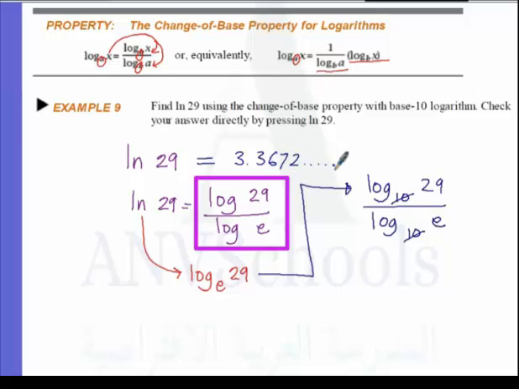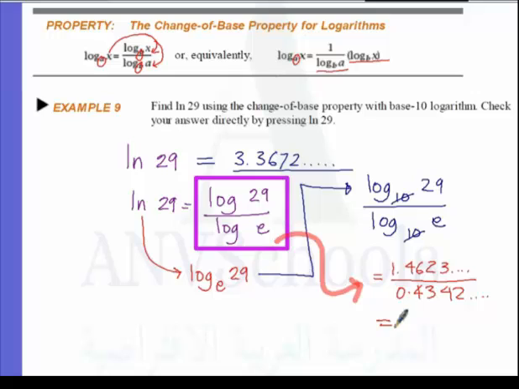3.3672, and still with an infinite series of numbers. Now how about this portion here? So this portion will give me, what is my log of 29? I have my calculator here, and log of 29 gives me 1.4623 with infinite numbers after it, and log e is 0.4342.